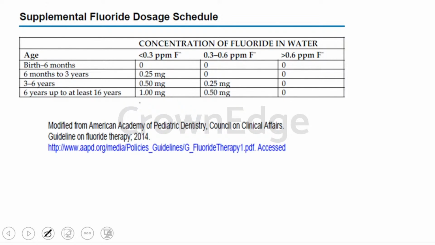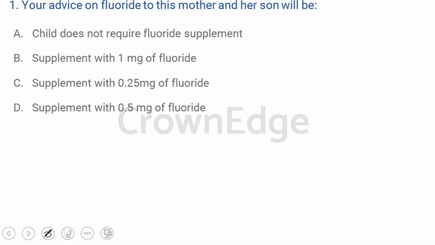Okay. So if you look at this table, the best pick is 6 months to 3 years. Okay. And since they live in a non-fluoridated area, obviously the concentration of fluoride is less than 0.3 ppm. So you would give them 0.25 milligrams of fluoride supplement. Okay. So for this particular question, your answer is going to be option C.